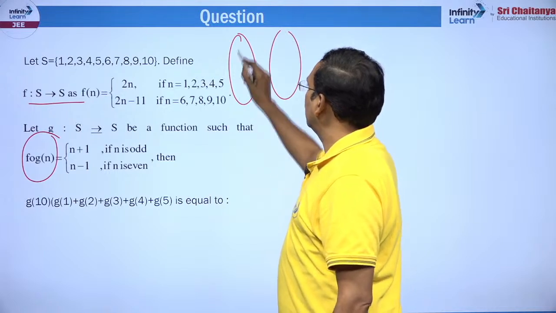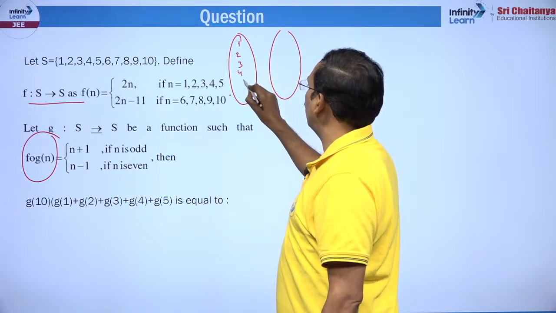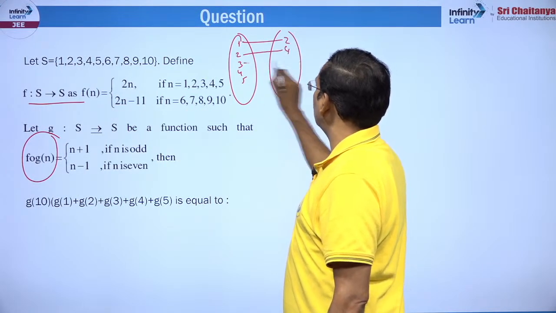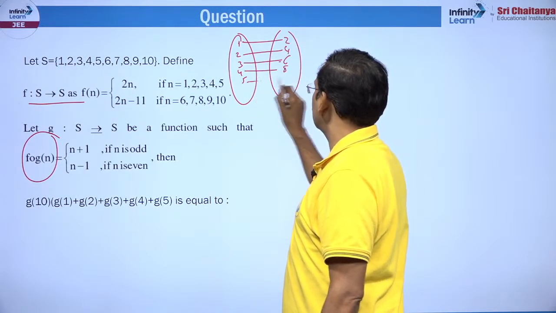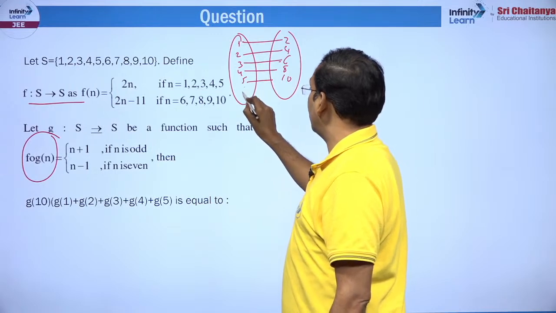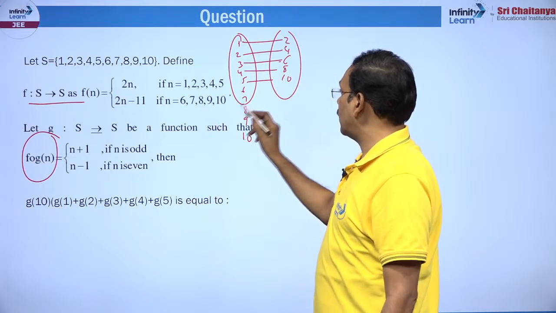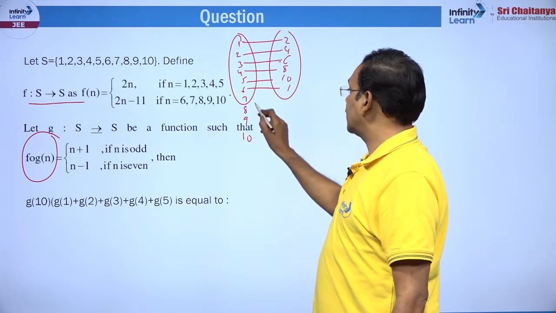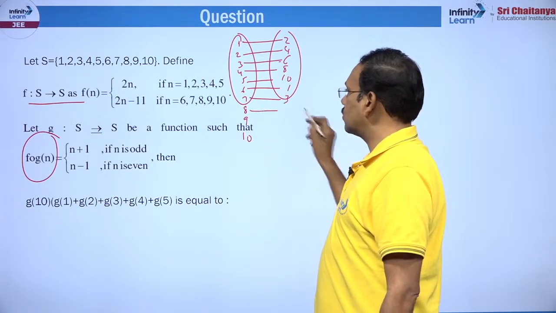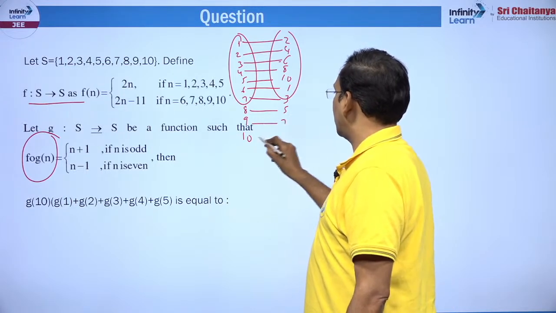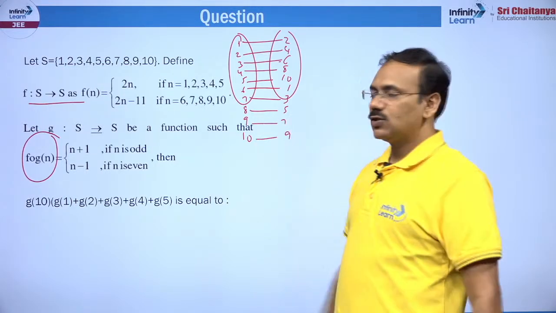So, if you are given 1, 2, 3, 4, 5, the outputs are going to be 2, 4, 6, 8, 10, and if you are given 6, 7, 8, 9, 10, f of 6 means 12 minus 11, which is 1, f of 7 is 3, this is going to be 16 minus 11, which is 5, this is 7, 9. So, these are the things.